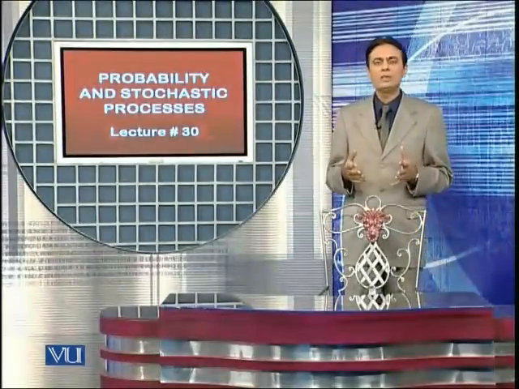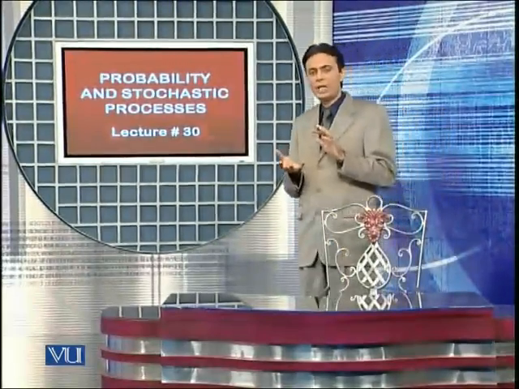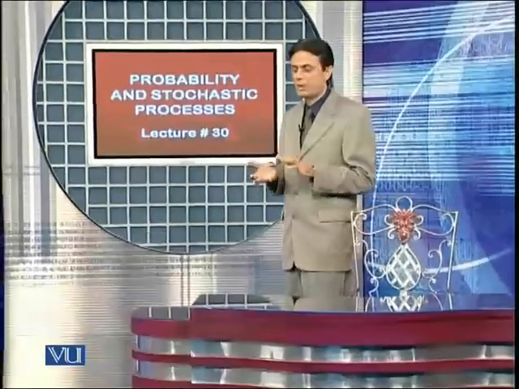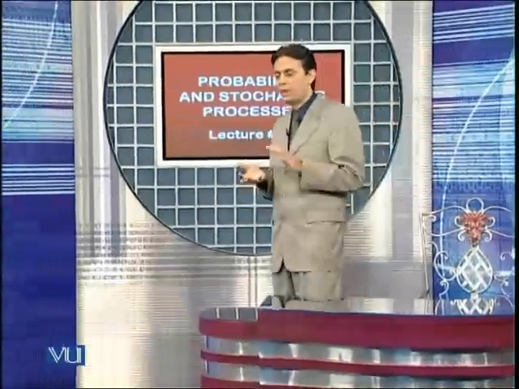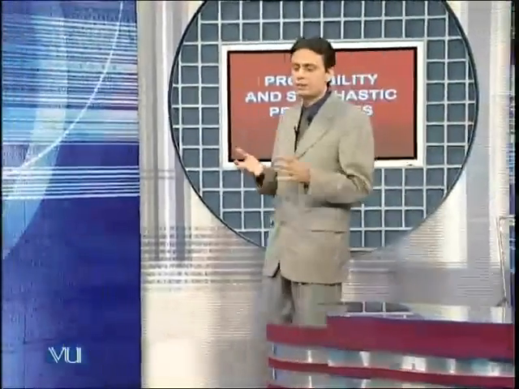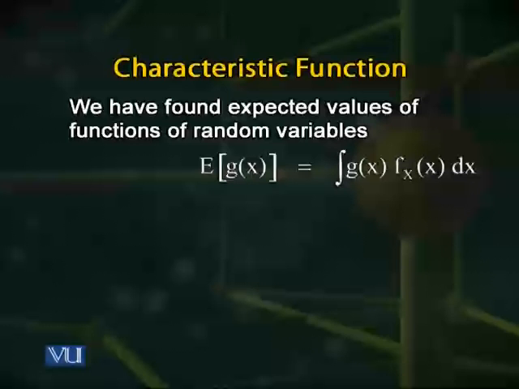When we were dealing with random variables, we dealt with their mean values, their second moment, their centralized second moment, which is variance, and other higher moments. These moments were obtained by taking the expected value of a function of the underlying random variable.